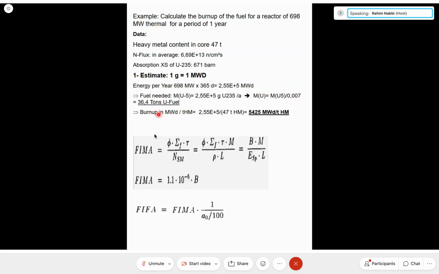So, okay, now burn-up in megawatt day per ton heavy metal: so much uranium-235 we need, divided by the initial mass of heavy metal, 47, which was given somewhere here. You calculate from there the megawatt day.